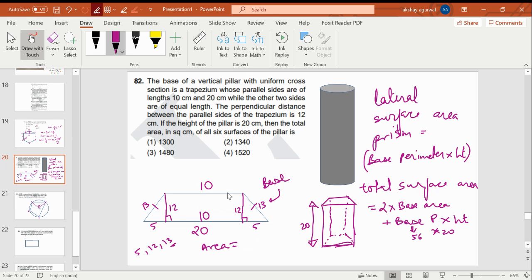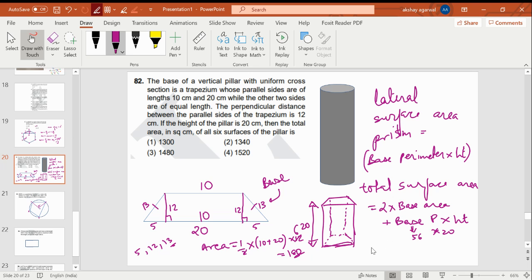It was half into sum of the parallel sides, that is half into 10 plus 20 into the distance between the two parallel lines, which we call the height of the trapezium. So here this will be 12, 2 goes once, 2 goes 6 times, 10 plus 20, 30 into 6, the base area would become 180.